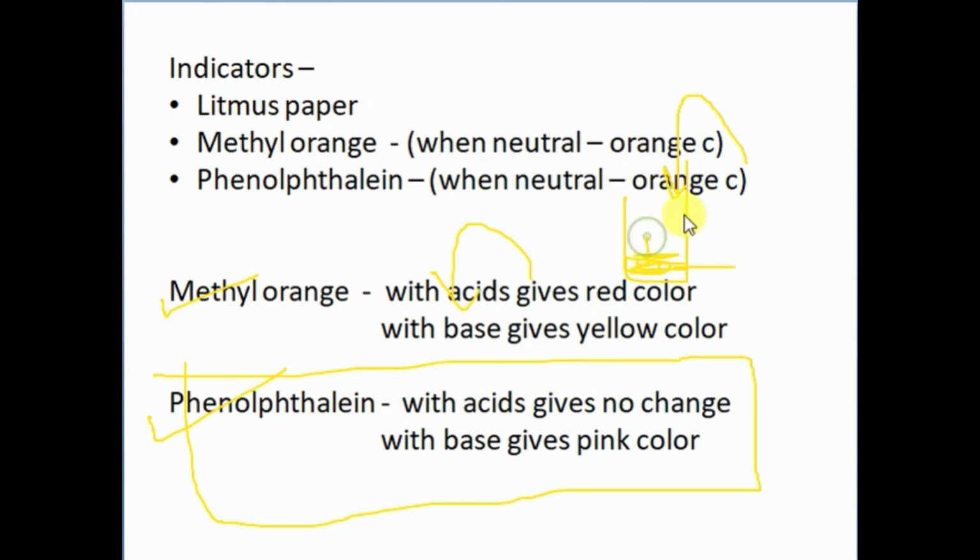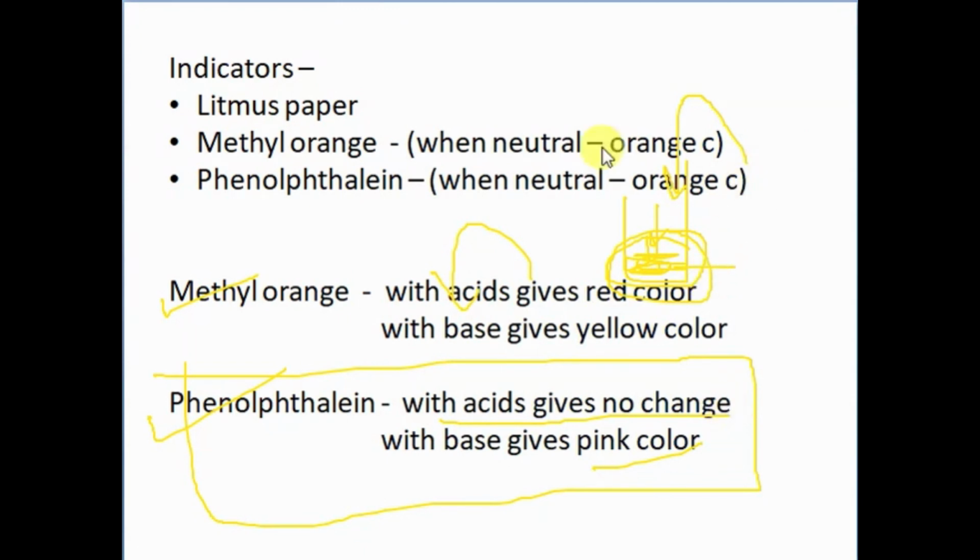Now if the solution changes to pink color, it means the chemical you have taken was basic in nature. And when it does not change, the color stays the same as before, it means the solution you have taken was acidic in nature.